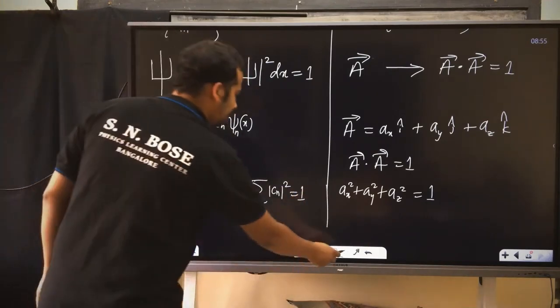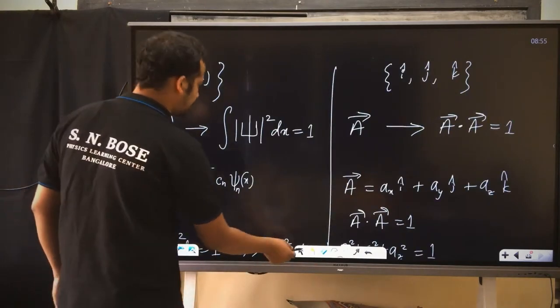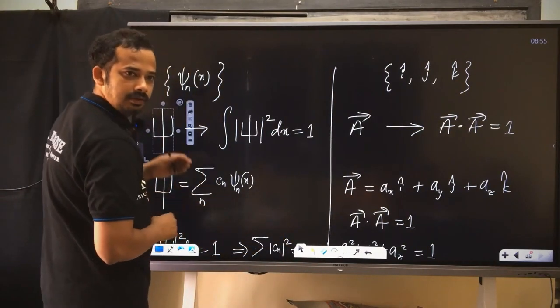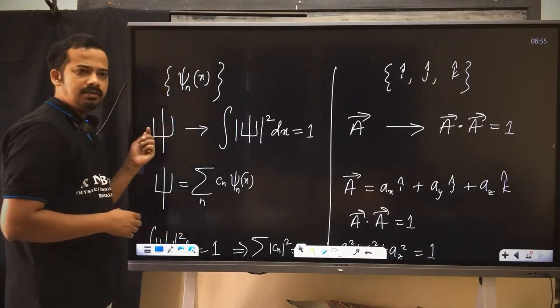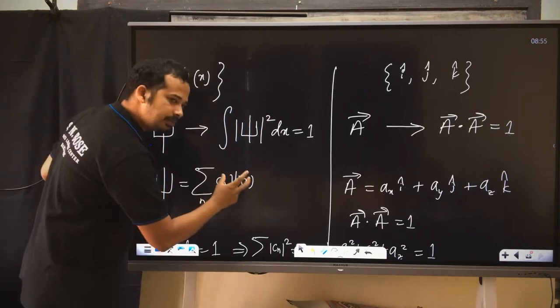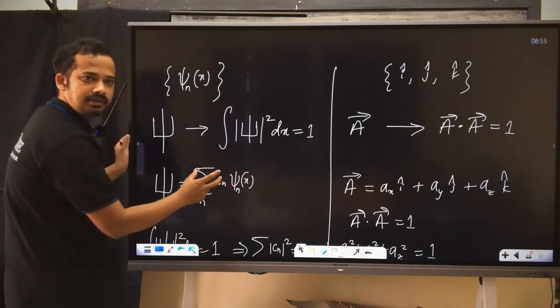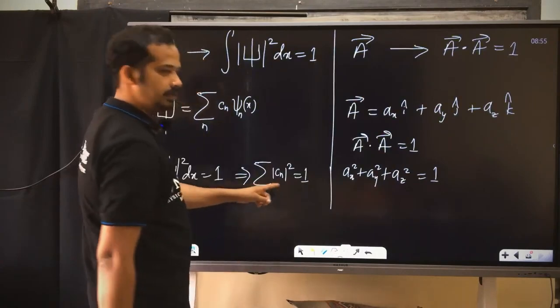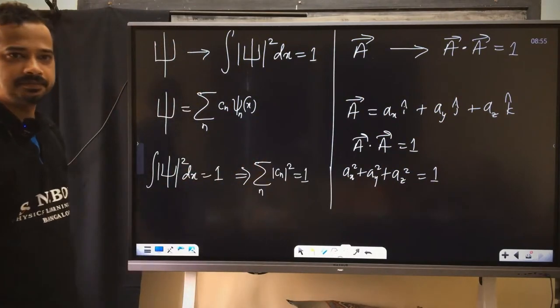If you take care of normalization in this step itself before expanding, you take a normalized function and expand it in terms of normalized functions, then this will happen directly. You don't have to take care.